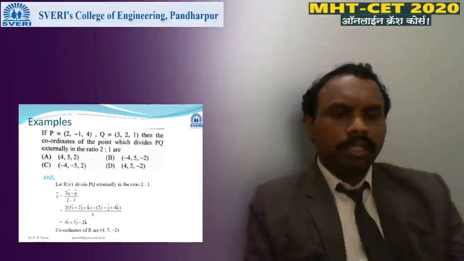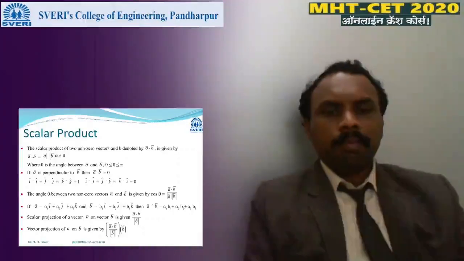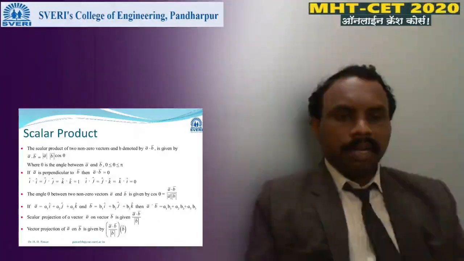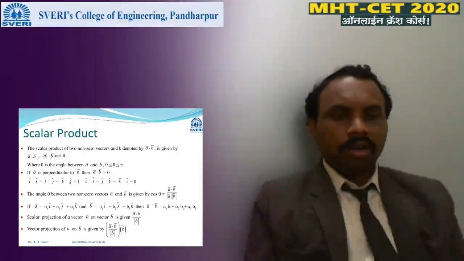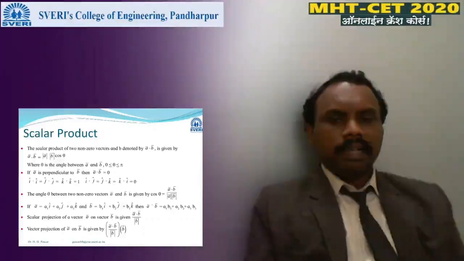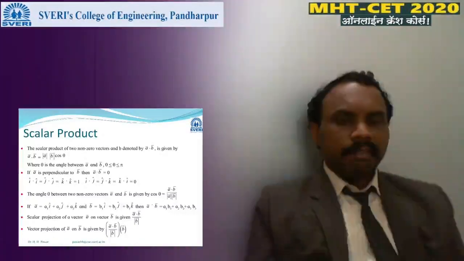Next we'll see scalar product. The scalar product of two non-zero vectors a bar and b bar is denoted by a bar dot b bar and is given by a bar dot b bar is equal to modulus of a bar into modulus of b bar cos theta, where theta is the angle between a bar and b bar and lies between 0 and pi.